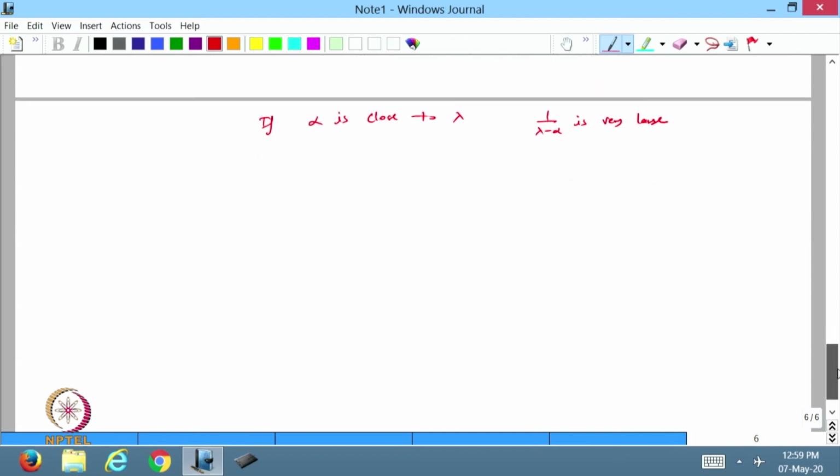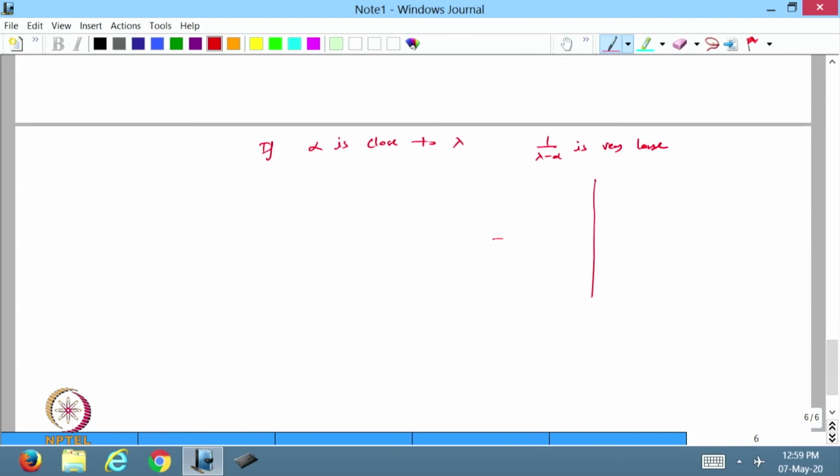In fact, if I want to plot a graph for this one, suppose this is my alpha. This is the value, and I just take the magnitude. Now, if you see, the figure is going to be like this, because at alpha this is going to be infinity, otherwise the value is this one.